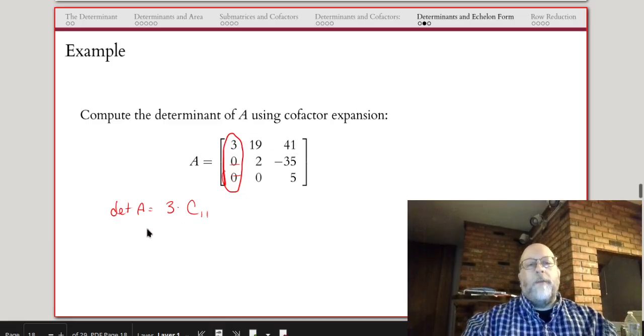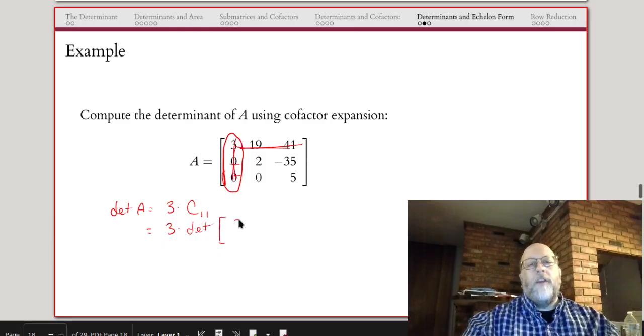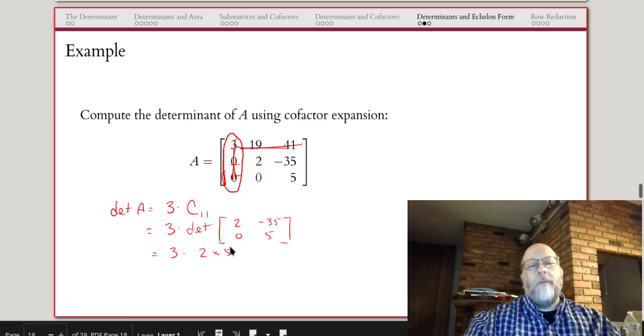In the 1, 1 position, cross out the first row and the first column. Now we're looking at the determinant of 2, -3, 5, 0, and 5. But that determinant is just 2 times 5 because the other diagonal has a 0 on it. And so the answer is that we just get 3 and 2 and 5, and we multiply those together, and we get 30.